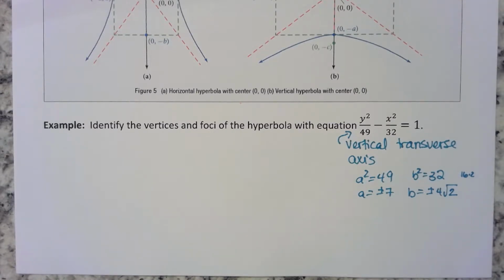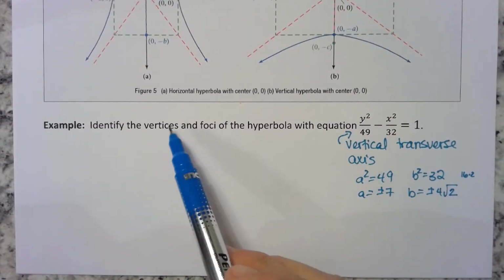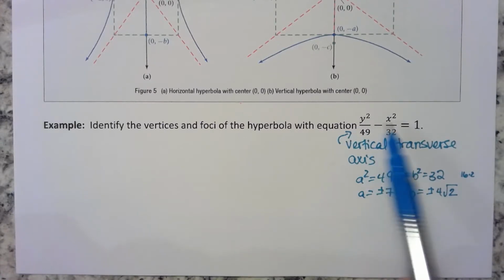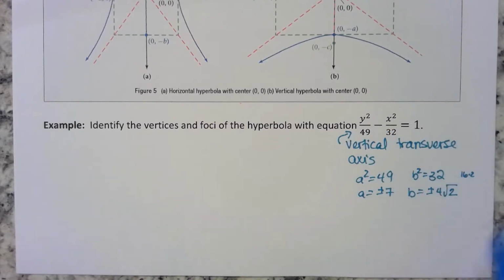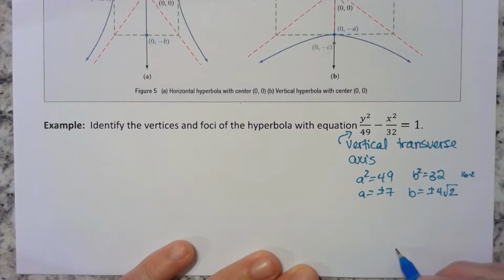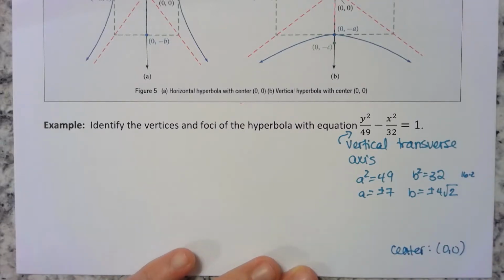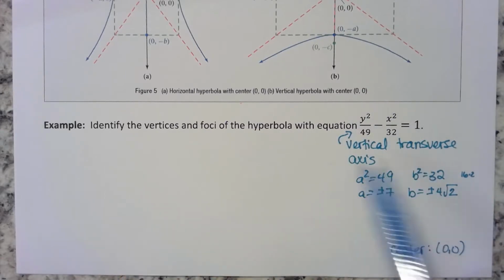Well, if we're trying to identify the vertices, we know that it's centered at 0, 0, right? So we can make a little note of that. It's centered at 0, 0. It didn't ask us for that, but because of the form it's in, that's where we know it is centered.